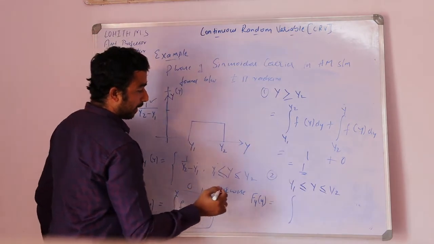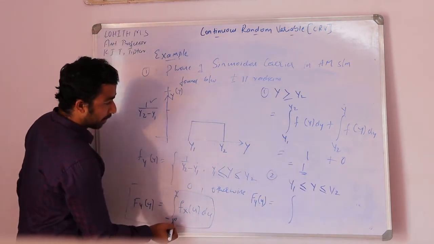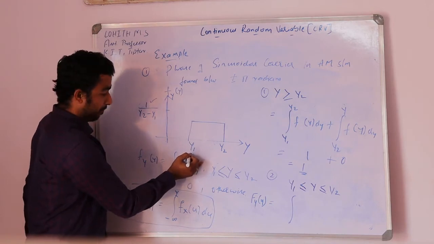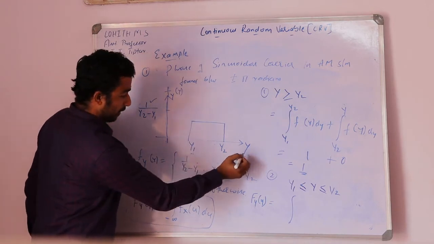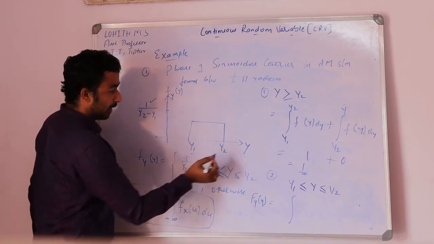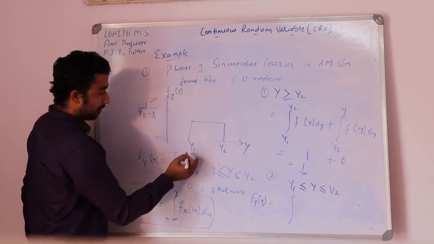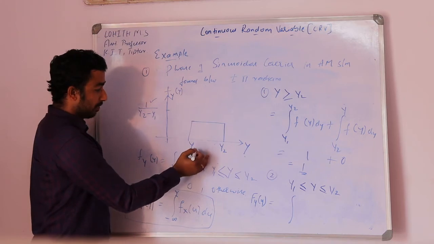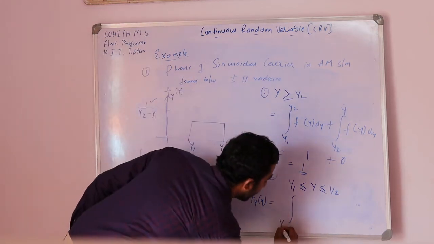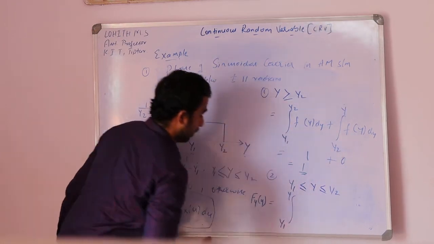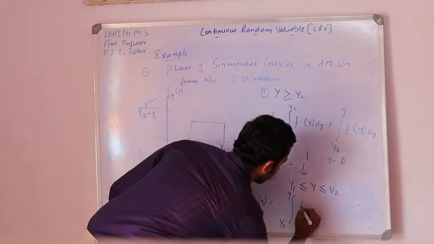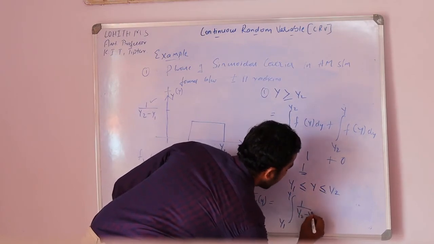Here the interval is given, so it is not minus infinity, it becomes y1, because the interval is given here. It becomes the integral from y1 to y of 1 divided by y2 minus y1.